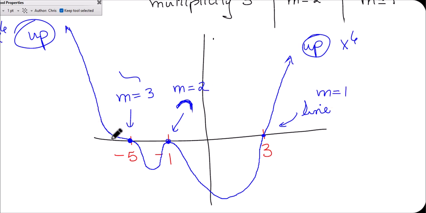So there's my little snake crossing at minus 5. We come down, up. There's my little U there at minus 1 because of the multiplicity of 2. And then we're up, up, and away through 3 like a line because the multiplicity was 1.